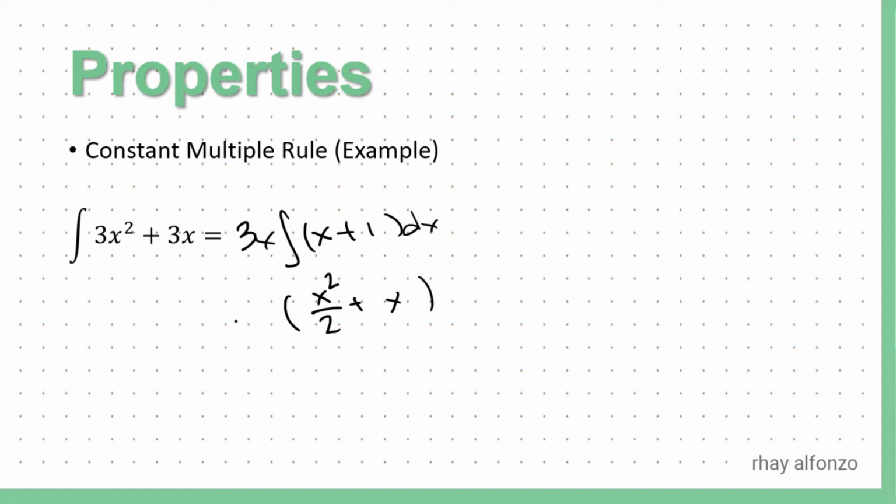And multiplying by 3x, we get 3x cubed over 2 plus 3x squared, which is very far from the correct answer. So keep in mind that what you can only bring out is just the constant and not the variables.